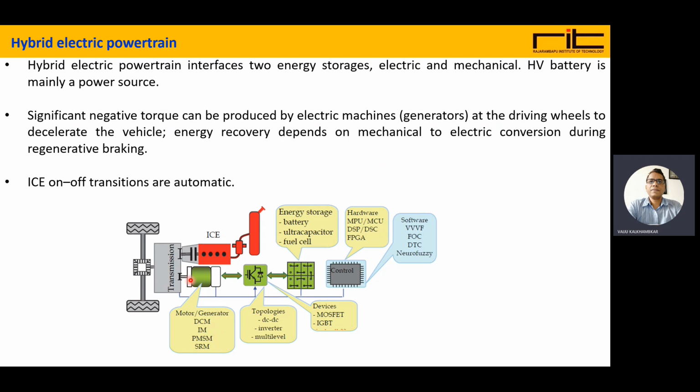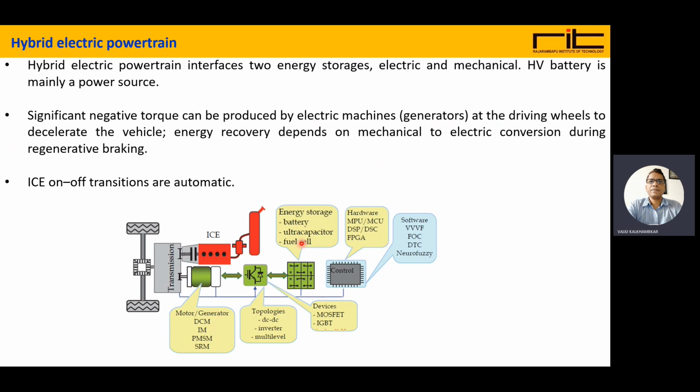As the motor is the electric component, there is the IC engine, that is the mechanical component that supplies the mechanical torque. So here is the fuel tank, that is the fuel source, and this is the IC engine that is coupled to the transmission.